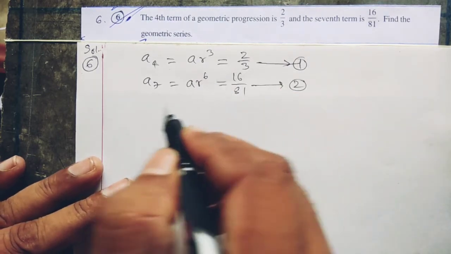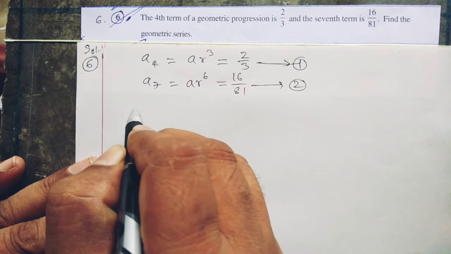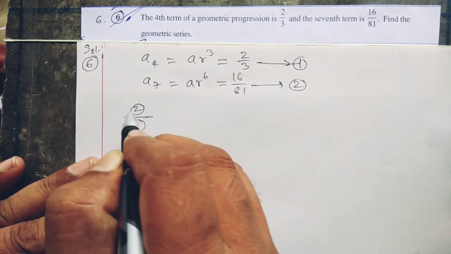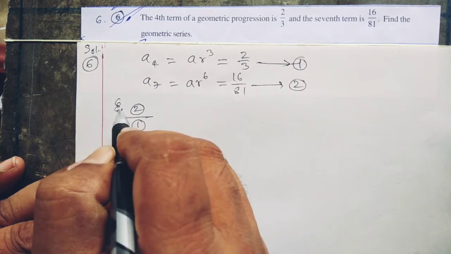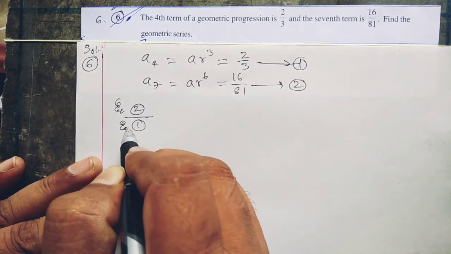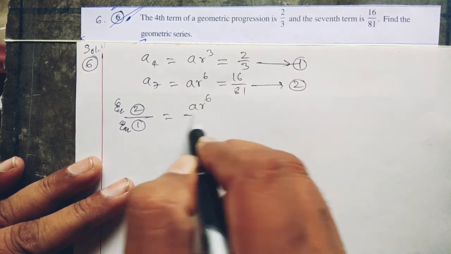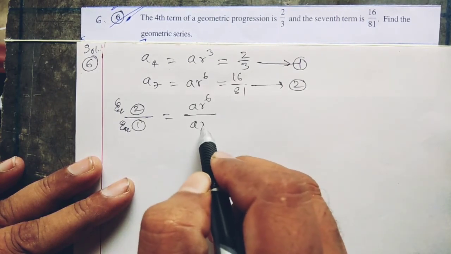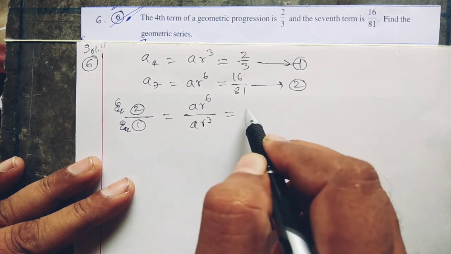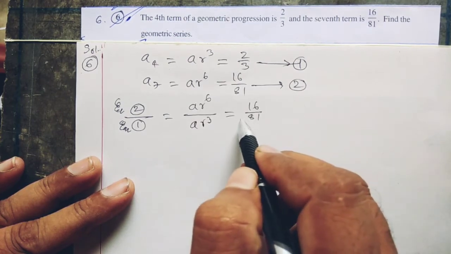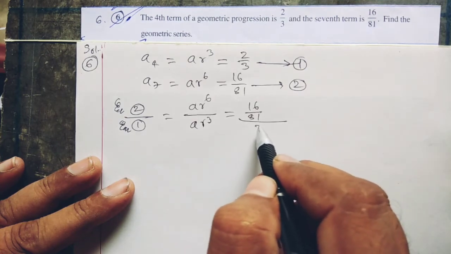Dividing these two equations, equation 2 by equation 1, is equal to A R to the power of 6 by A R cube is equal to 16 by 81 by 2 by 3.